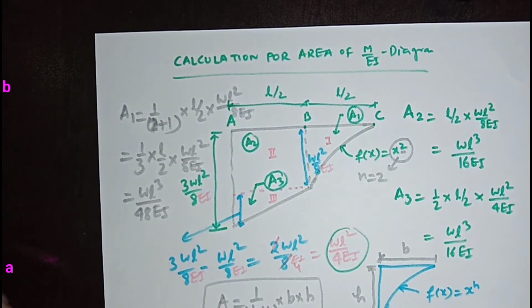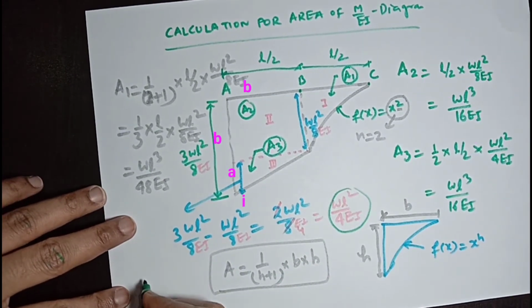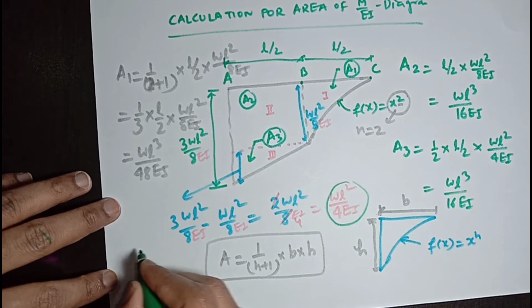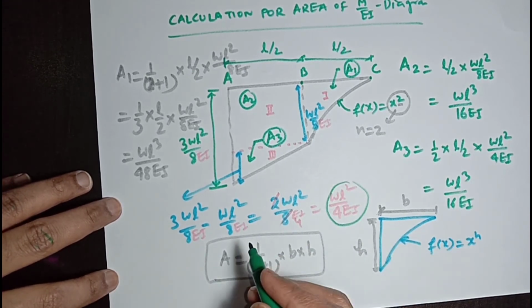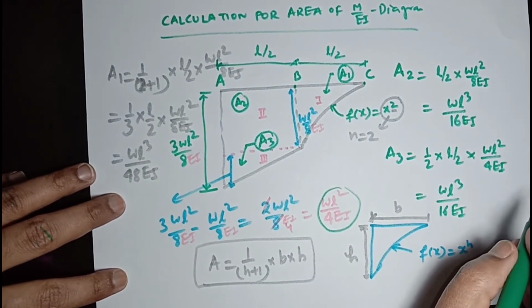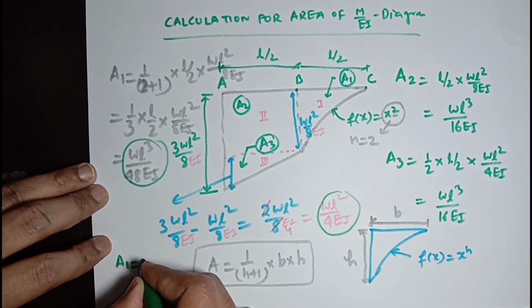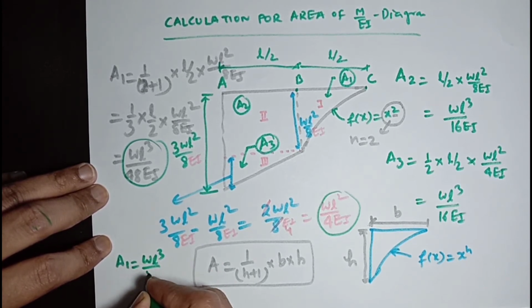So we can summarize here. Area A1, as we have calculated, is WL cube divided by 48 EI.